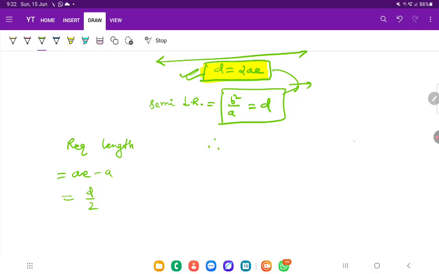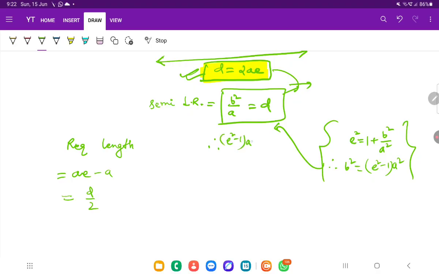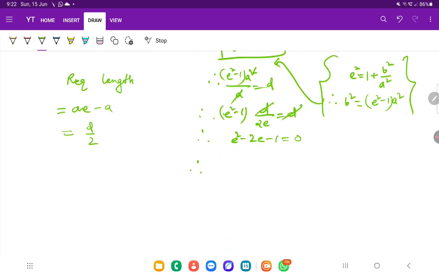Now I'll substitute the value of a as well. For a hyperbola, we know that e square, eccentricity square, is 1 plus b square upon a square. So b square will be e square minus 1 into a square. I'm substituting this b square value here. So we get (e square minus 1) into a square upon a as d. One a and a get cancelled, and again I'll put a as d upon 2e from this equation. Then d and d get cancelled, and we get e square minus 2e minus 1 equals 0, this quadratic equation.